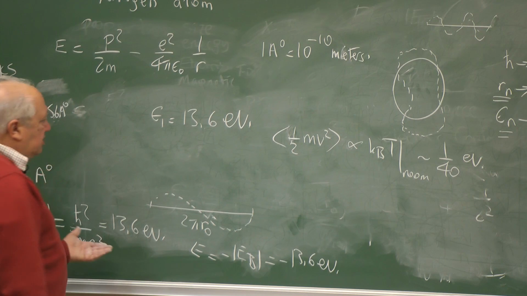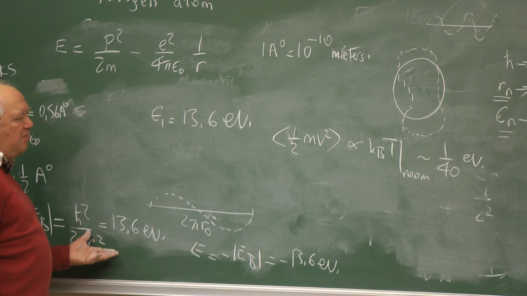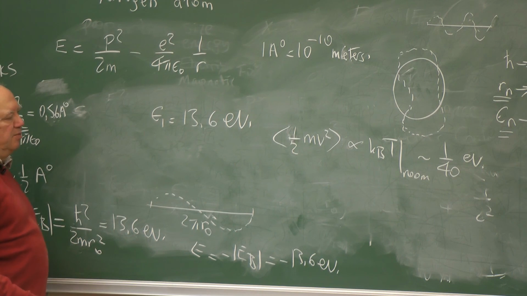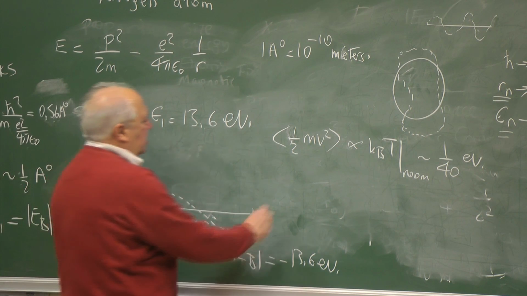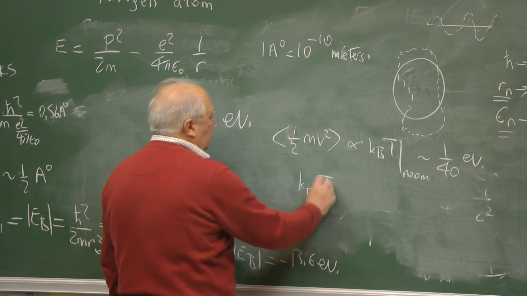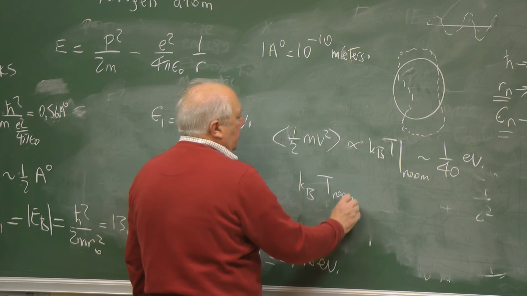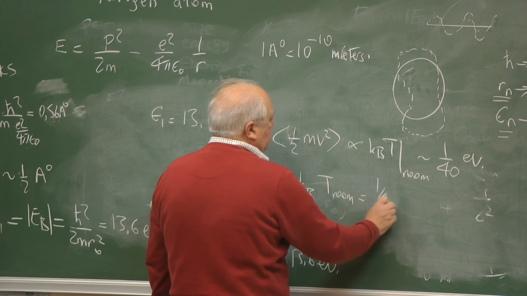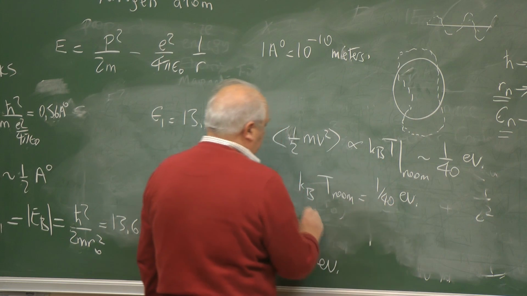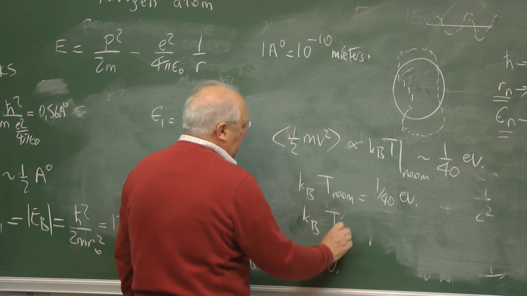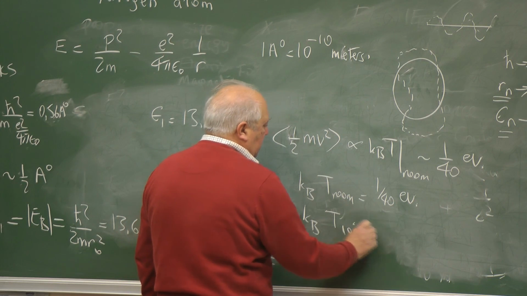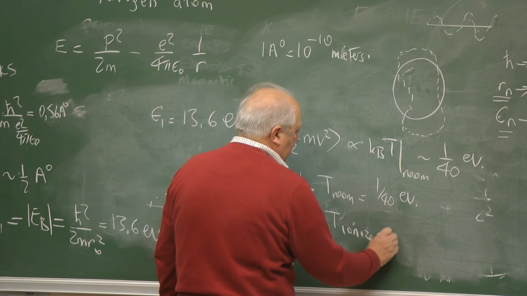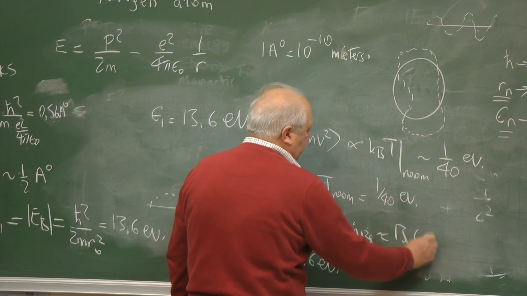You can imagine 13.6 electron volt is a tremendously stable structure at room temperature, because kB T room is 1/40 electron volt. kB T ionized is like 13.6 electron volts.